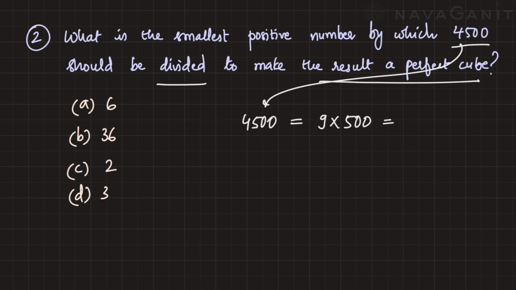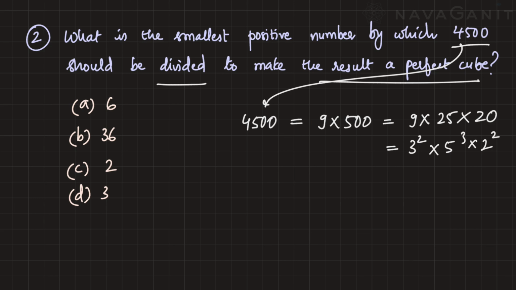That is nothing but 9 multiplied by 25 multiplied by 20. So this is 3 squared, 5 cubed and 2 squared.